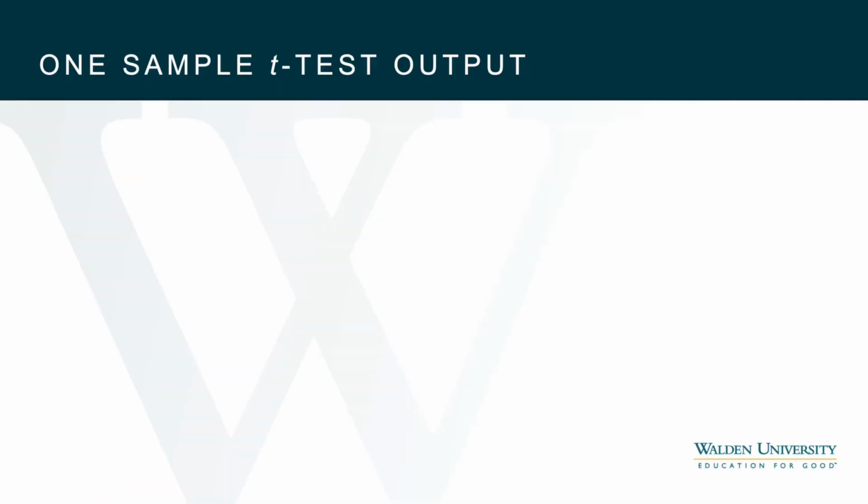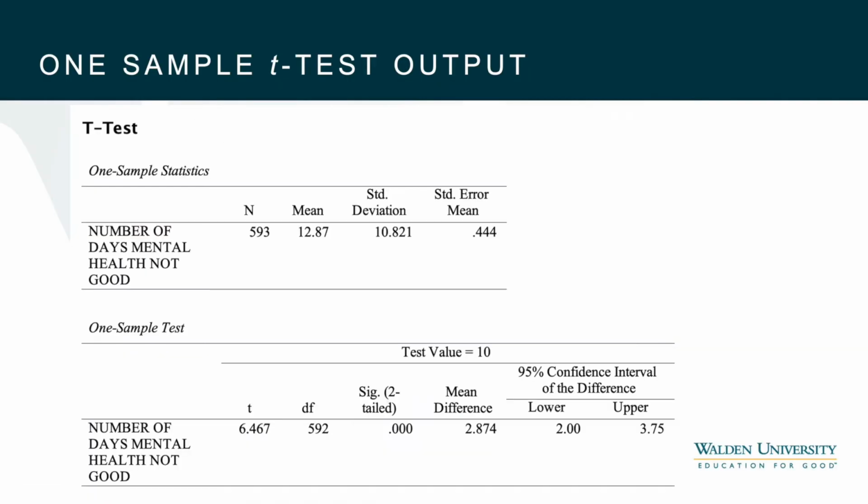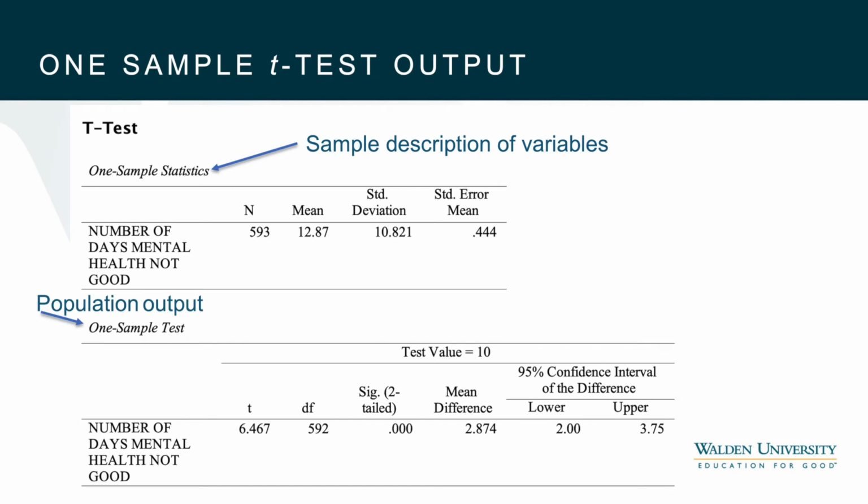And here is that slide. Our tables are here. They are the exact same tables that I just showed in SPSS. As I mentioned before, the first box is the description of your sample variable. The second box is the population output.